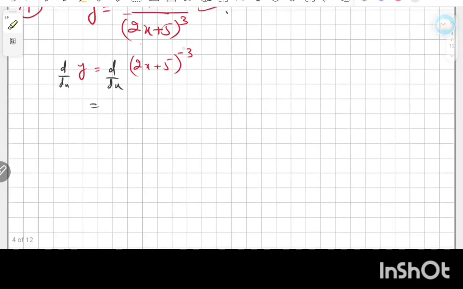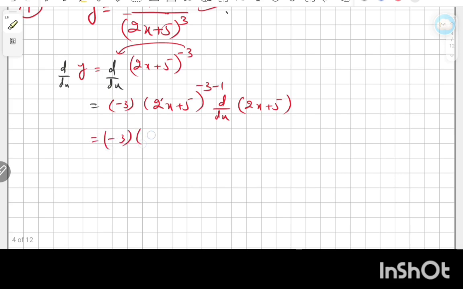Because of the rules of derivatives, the power will be at the start, minus 3, and the derivative of (2x plus 5) to the power minus 3 minus 1. The power goes to the start, subtract 1 from the power, and without the power value take the derivative of 2x plus 5.